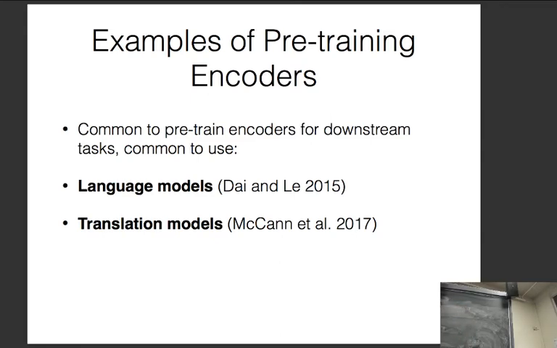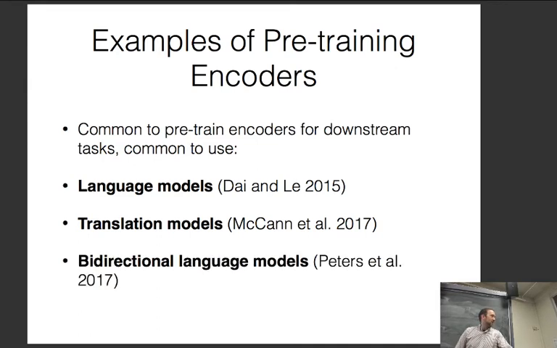And this method showed that this translation model did better than language models. And then shortly after that, a new paper came out that said bidirectional language models are better than translation models for learning this kind of thing. And now, for the next month or so, probably this will be the state of the art, and then it will switch to something else.